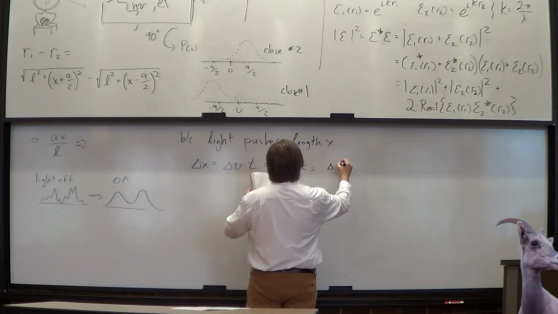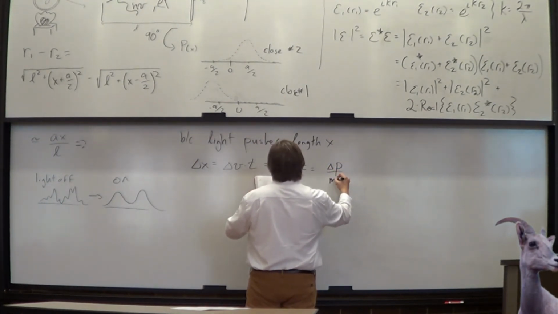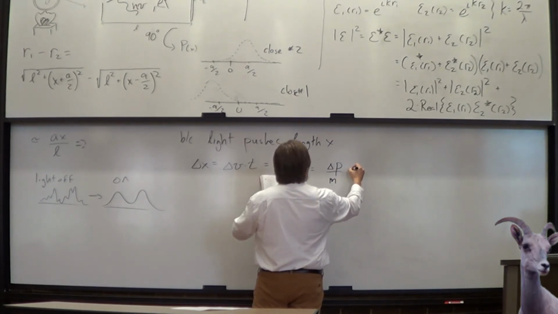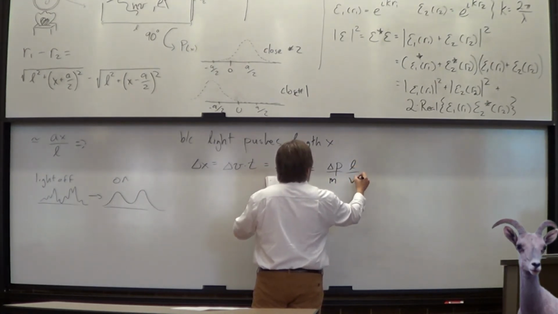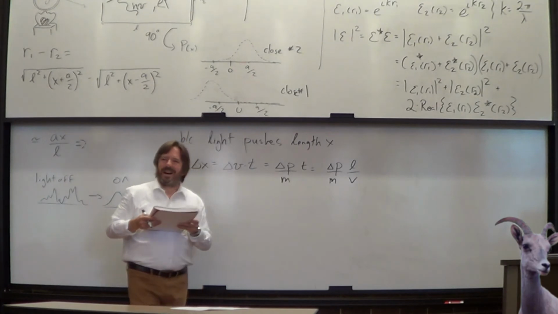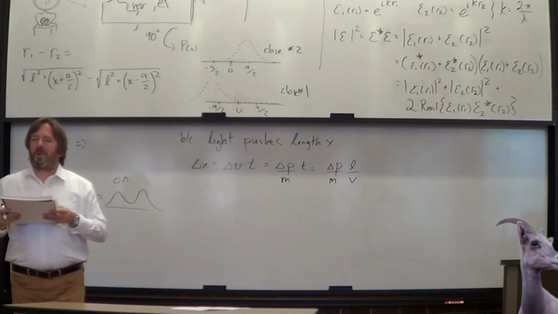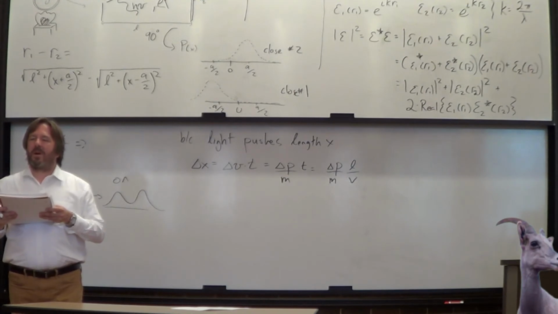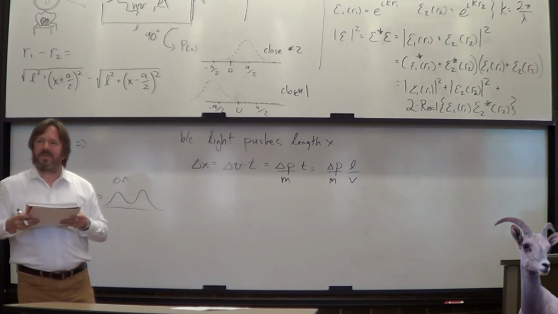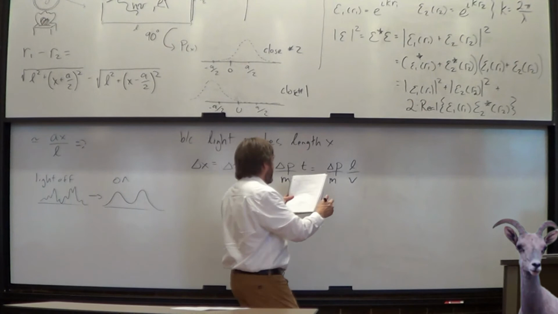Now remember the time it takes? The time it takes is technically length over velocity. Remember velocity is meters per second, so length over velocity ends up having units of seconds, so that's the time.